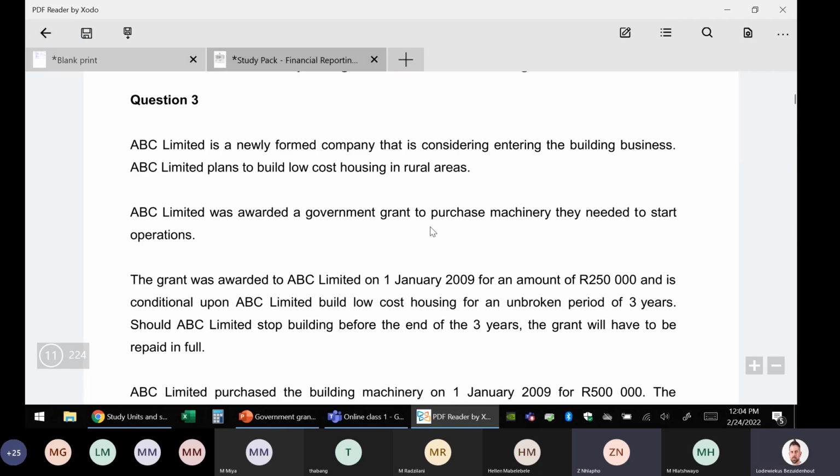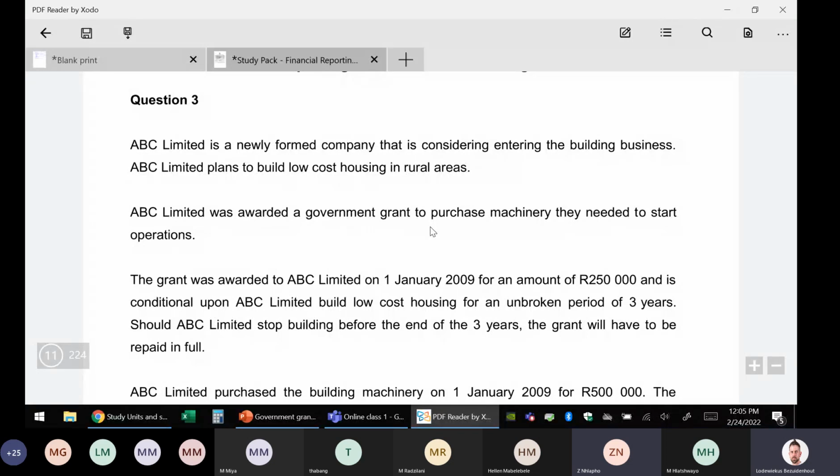If we look at question 3, this is where we have to repay a grant now. ABC Limited is the company. They want to build low-cost housing. They were awarded a grant to purchase machinery that needed to start operations. All right, so the grant was awarded in 2009 for an amount of 250,000, and they should be doing the low-cost housing for an unbroken period of 3 years.